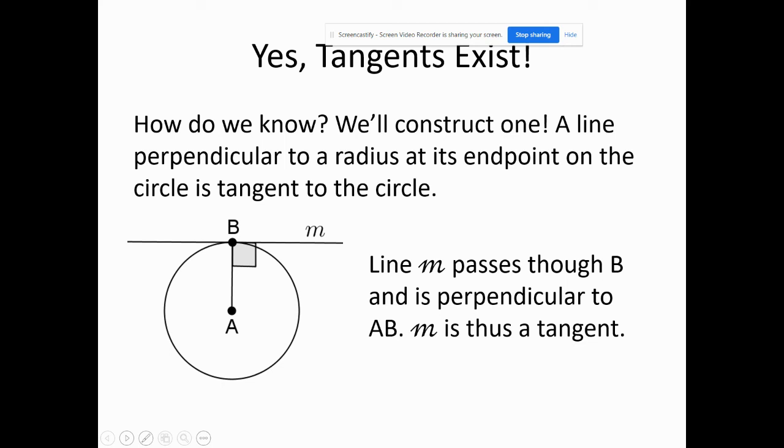We already know by construction that it does intersect the circle at least once, because we constructed it so that it would pass through B, and B is a point on the circle. So we know, just by the way the construction was done, that the line does intersect the circle at least once. Now we need to prove that it doesn't also intersect the circle again. That's the real task here.